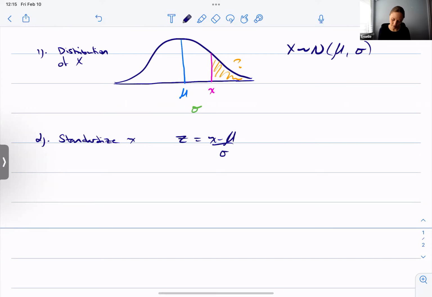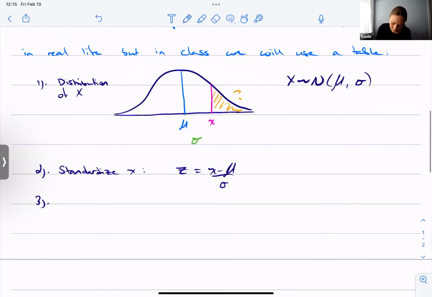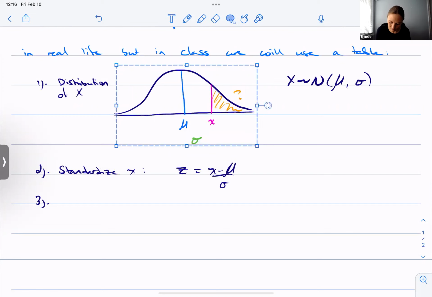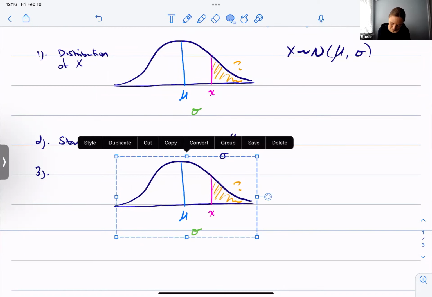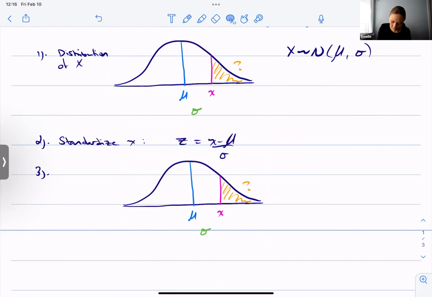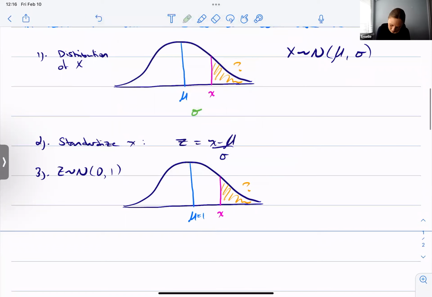I'm trying to keep it all on this page here. Then I have this exact same curve, but now Z follows a normal distribution centered on 0 with a standard deviation of 1.